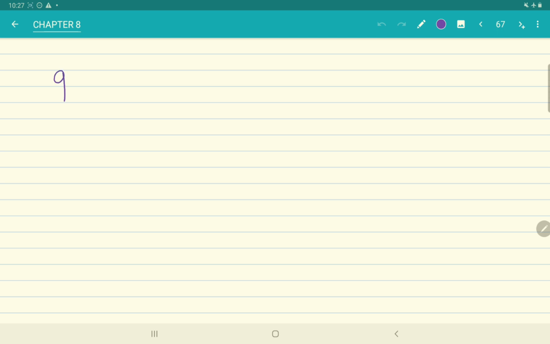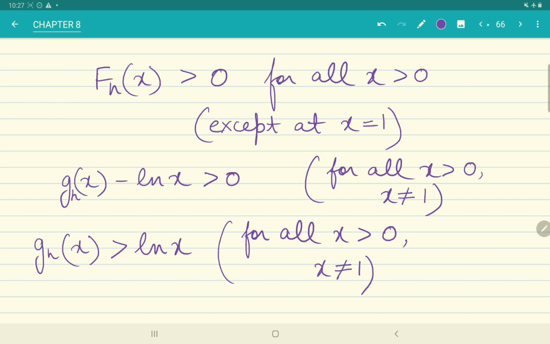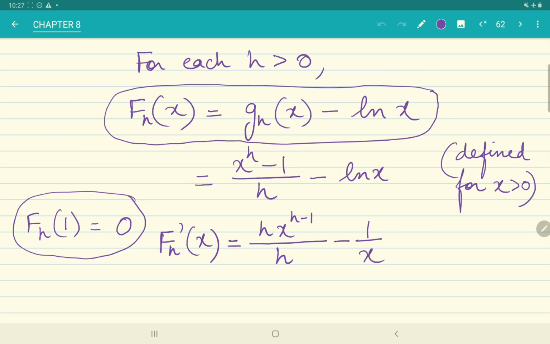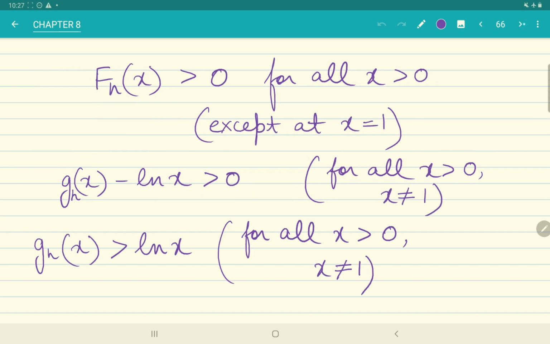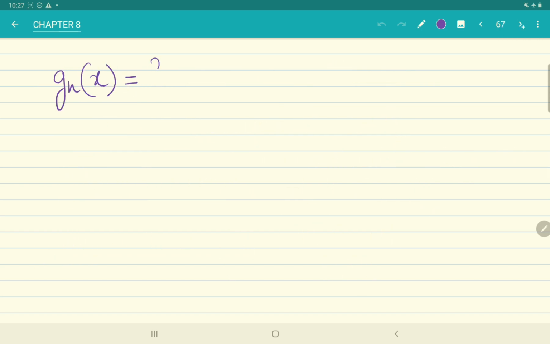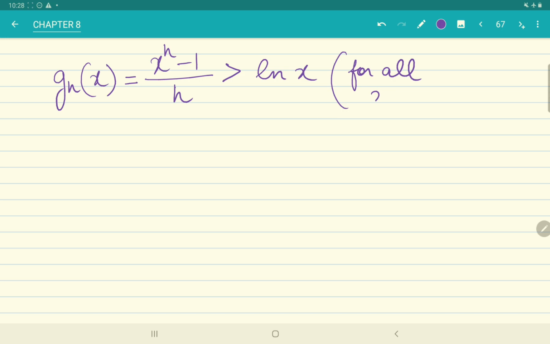That means I can write gh of x equal to, I know what gh of x is. It is this. So I can write x raised to the power h minus 1 by h greater than ln x for all x greater than 0, x not equal to 1.